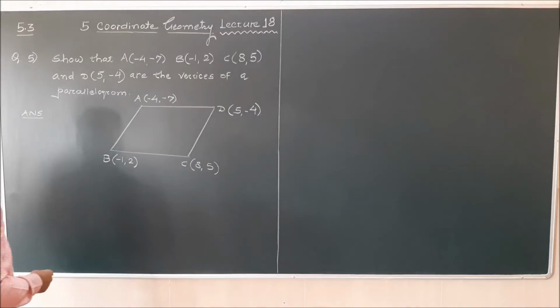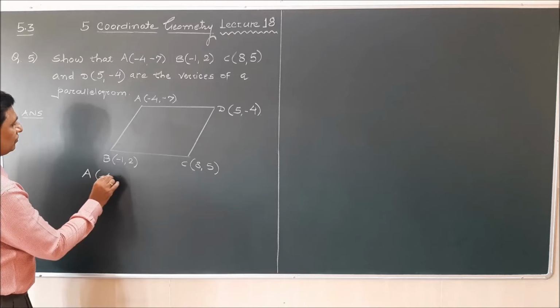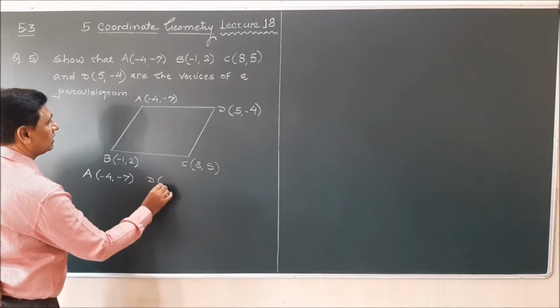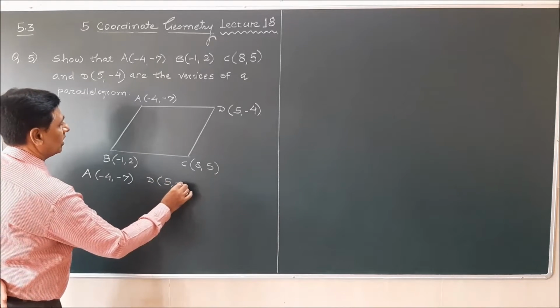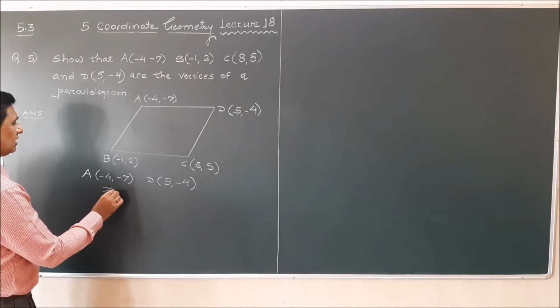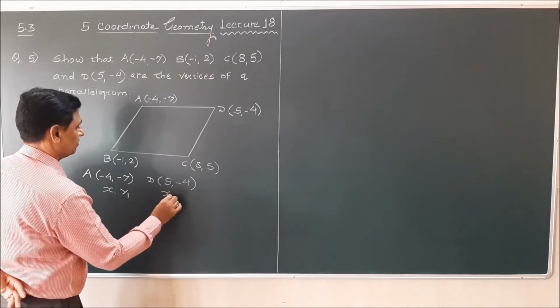Now let's see here. I am going to take coordinates of A (-4, -7) as x1, y1 and D (5, -4) as x2, y2.